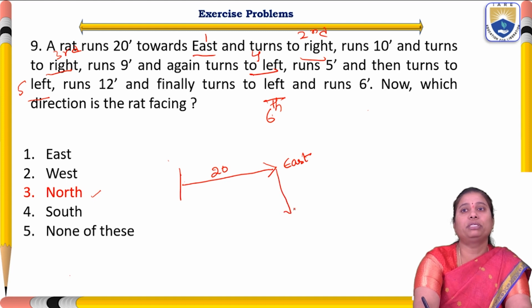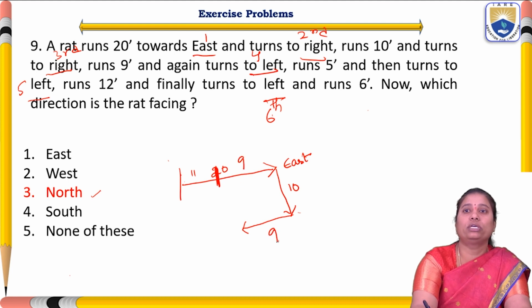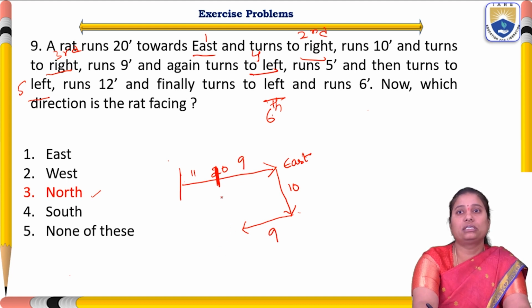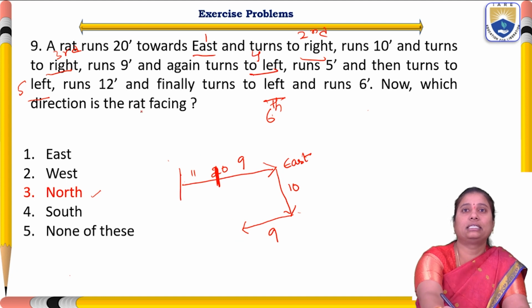East to the right means it goes to the south and runs 10. And from this, the third movement, again right side means it goes to the west. It is 9, so obviously this 20 will be divided into 11 and 9. The below is 9. Now it is in the third one: first, second, third.